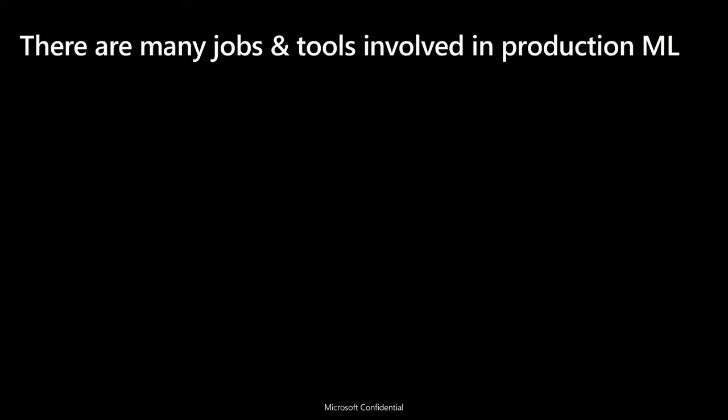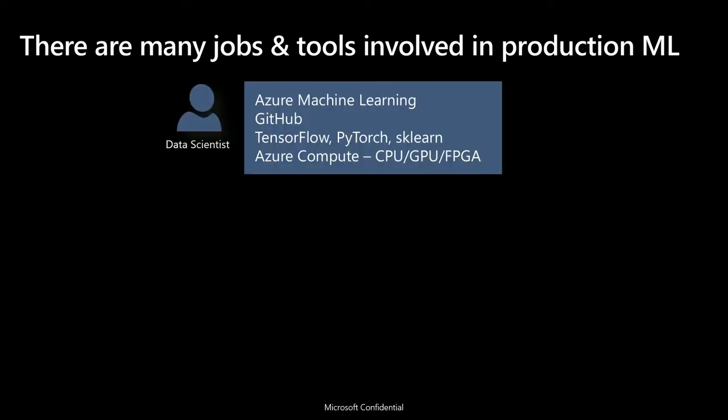But there are more jobs and tools involved in production ML than data scientists. So data scientists use machine learning tools, stuff they pull off of GitHub, different machine learning frameworks, different types of compute. But you also need somebody who's going to take the work the data scientist is doing and bring it to production. We call that the role of the ML engineer.